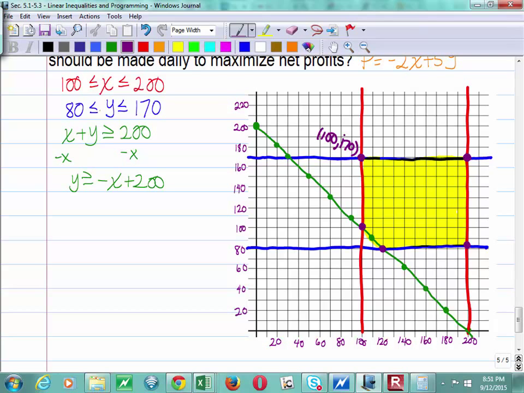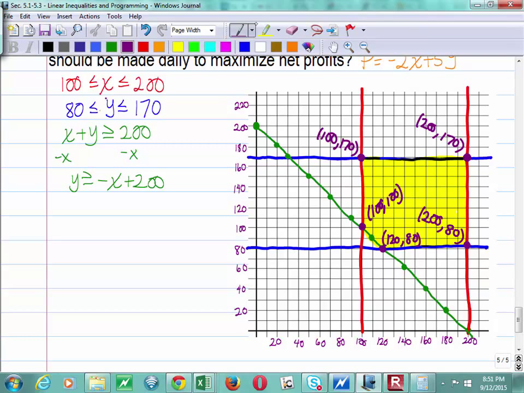And we've got 200, 170. And we've got 200, 80. And we have 120, 80. And 100, 100.